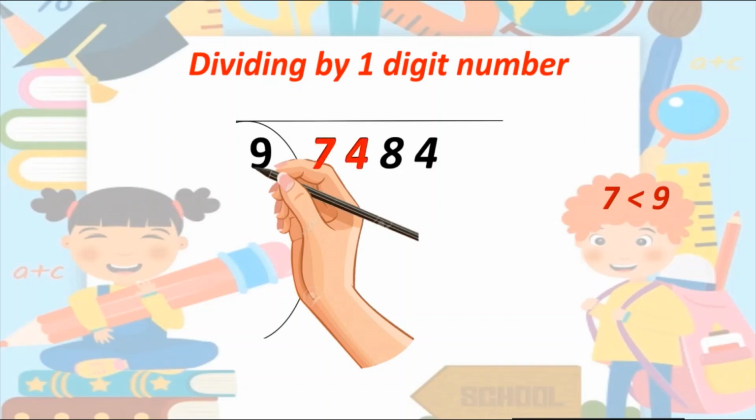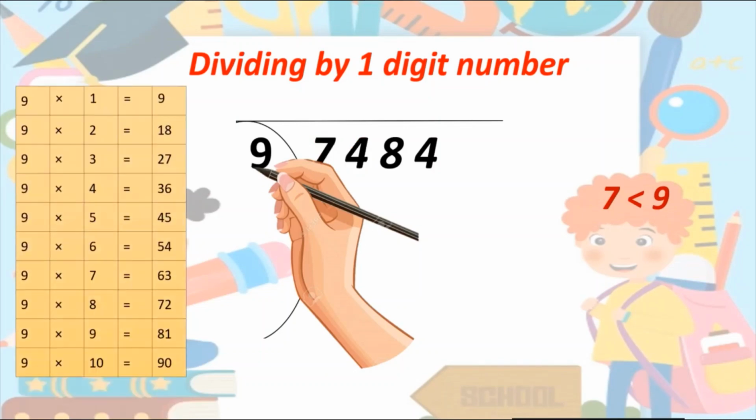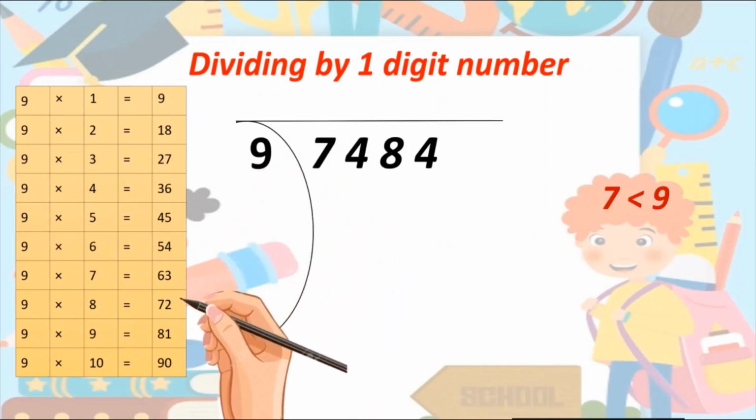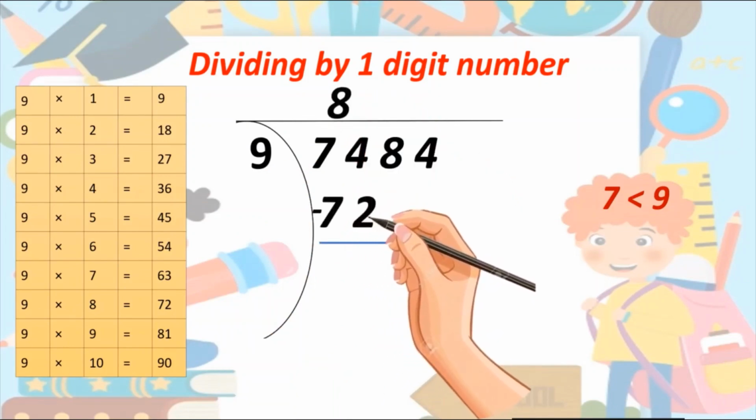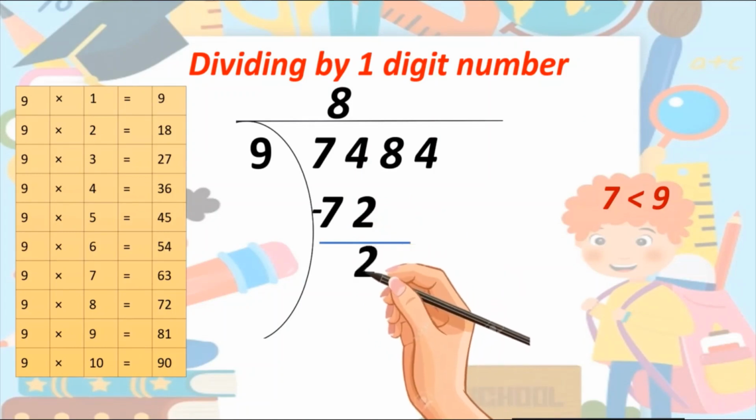So we take 2 digits together, that is 74. Now we look into the table of 9. So we see 9 eighths are 72, which is the closest number to 74, and it is also less than 74. So we write 9 eighths are 72, and we subtract and get the remainder as 2.